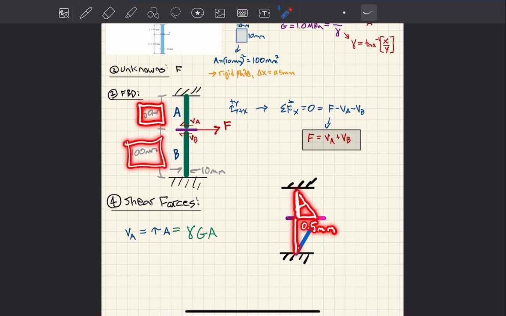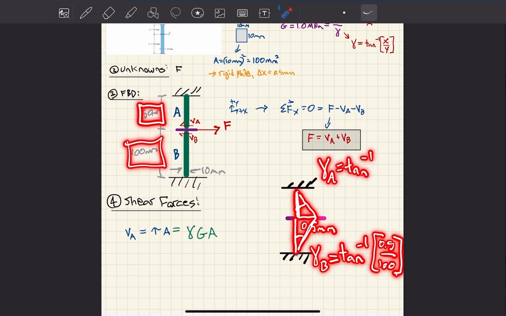If I draw another triangle right here, if I'm looking for this angle, the bottom one is B, so it's basically going to be tangent inverse of opposite, so 0.5, over adjacent, which for B's case is 100, or it's going to be the exact same thing for A, but instead of 100, it's going to be 50, right?